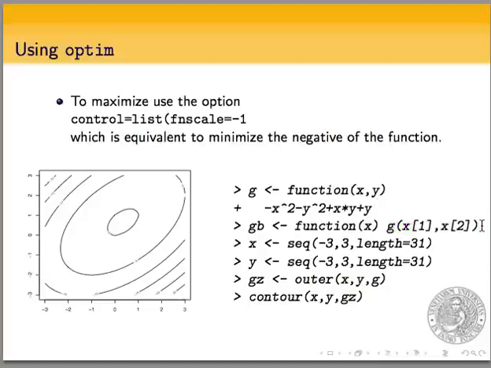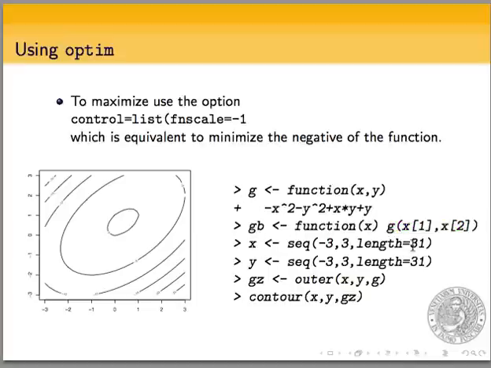Here I am saying that gb at the point x is just the previous g, in which x is the first component of the vector x, and y is the second component of the vector x. This is very often handy because you avoid typing a lot and possible typos. So here, as you see, I have defined both the g and the gb.